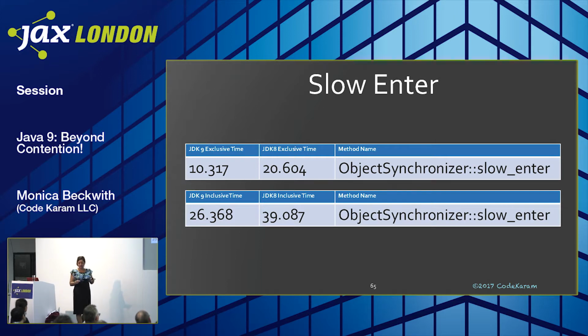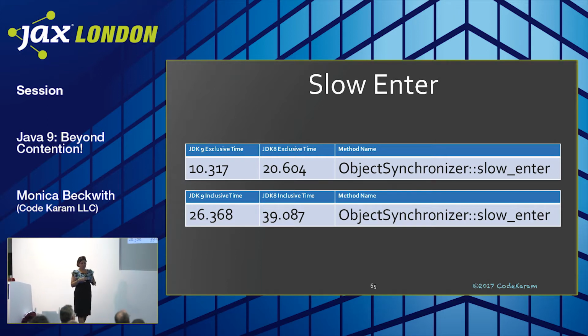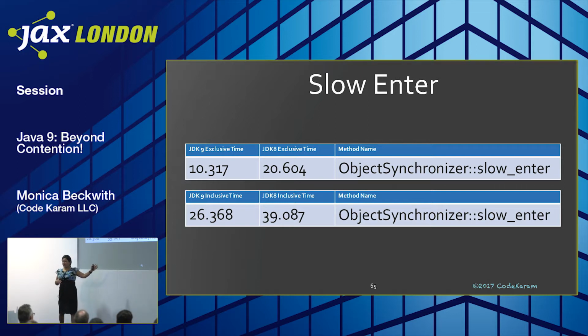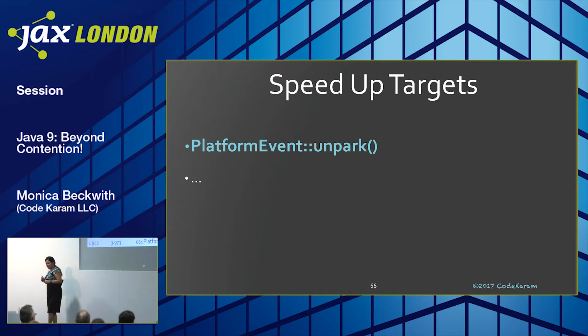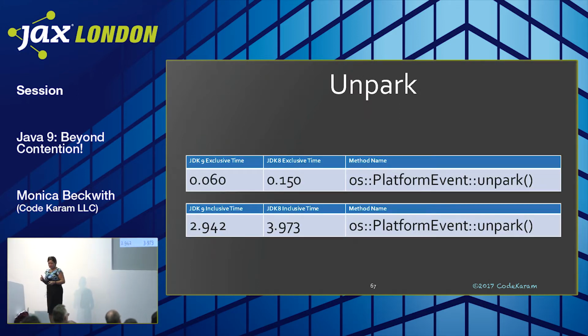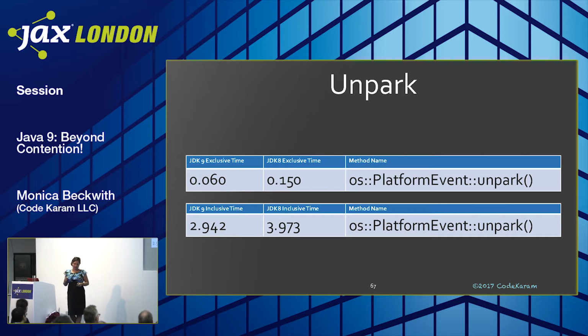Java 9 does go to the slow enter path because sometimes it may not find enough optimizations, since a couple of optimizations can still be done. So it does do slow enter, but only for half the amount of time, which is pretty cool, right? And then Unpark, I went ahead and did the Unpark thing too, and the Unpark is optimized too.